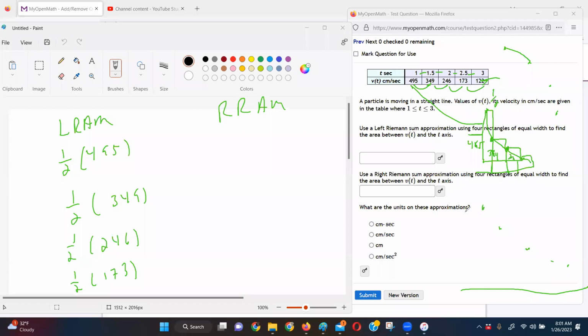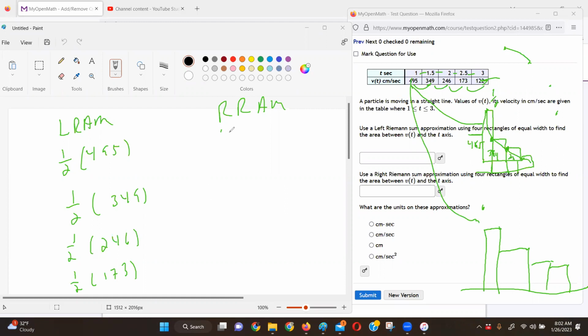And so RRAM would be saying, okay, here's the endpoint. So RRAM would be looking like this. I'm going to go from here, from the right endpoint down, from the right endpoint. I know that doesn't look the same width. Right endpoint, right endpoint.